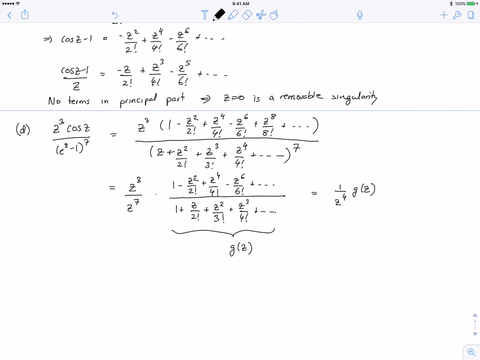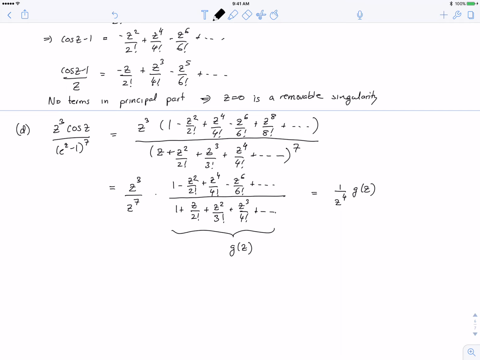Now, what do you notice about g? Can you see that g is actually entire? Actually, maybe I shouldn't say it's analytic everywhere, but it's going to be analytic at 0. When I put z equals 0 on the denominator, I'm not going to get 0.